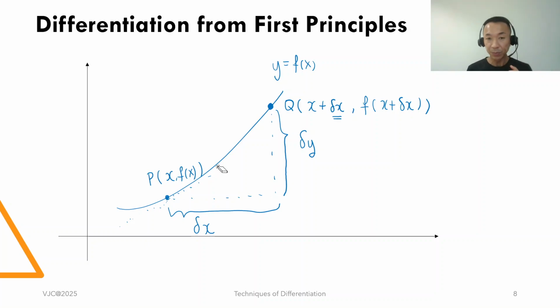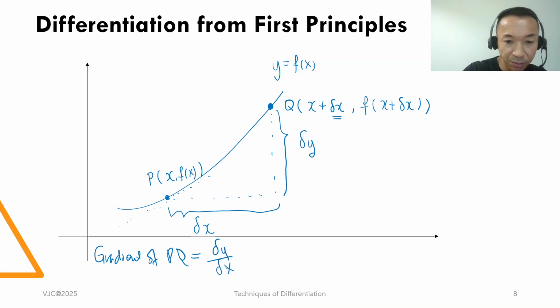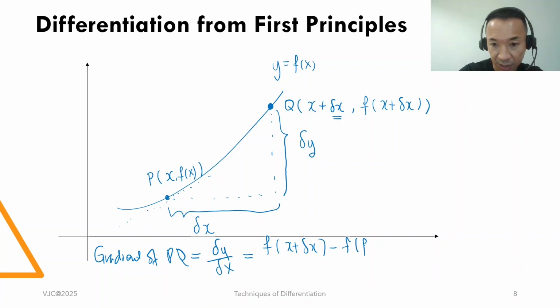Now, before that, the gradient of PQ is what? The gradient of PQ is delta y over delta x. I'm not saying this is the gradient at point P, but it's not difficult to see that this is f(x plus delta x) minus f(x), divided by delta x.